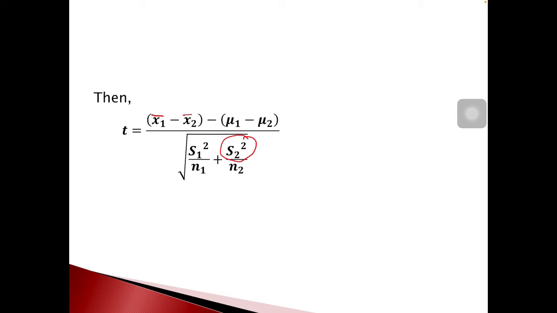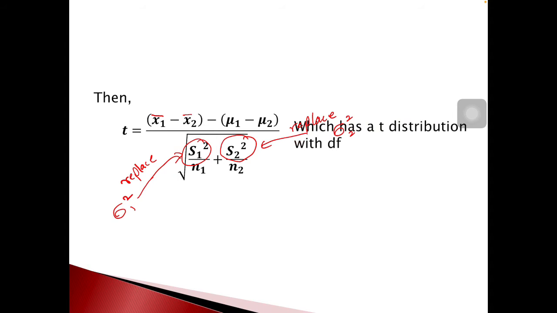We replace sigma1 squared by S1 squared and sigma2 squared by S2 squared. So we have a t distribution with degrees of freedom.